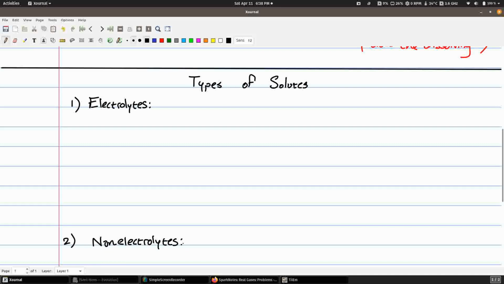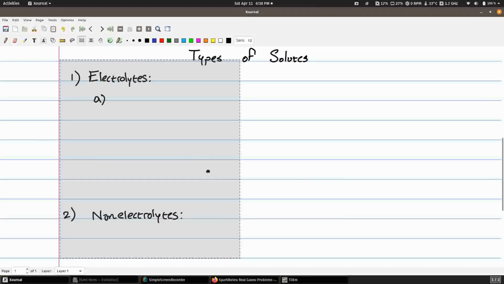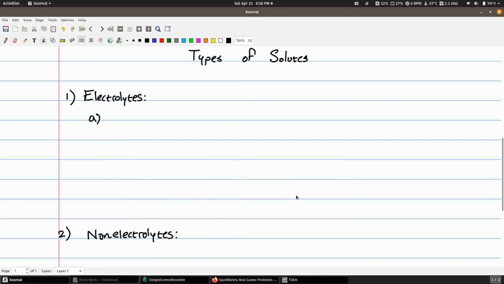Okay, so an electrolyte is an ionic compound. Let me move this down because I like having space in between. So electrolytes are ionic compounds, metal and non-metal, a definition we've been using since like Unit 3.